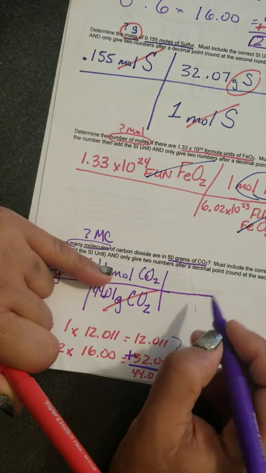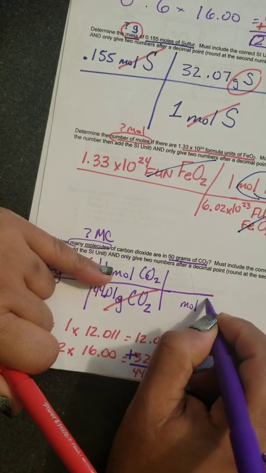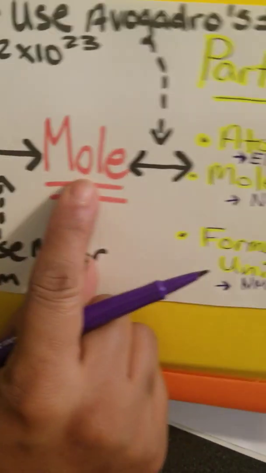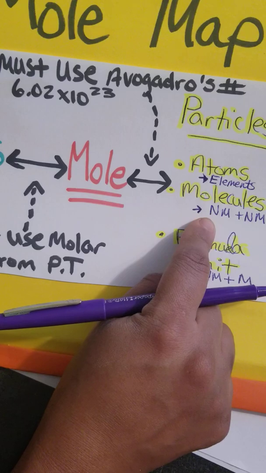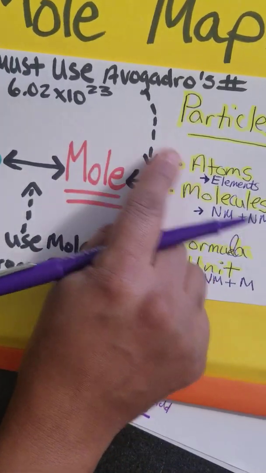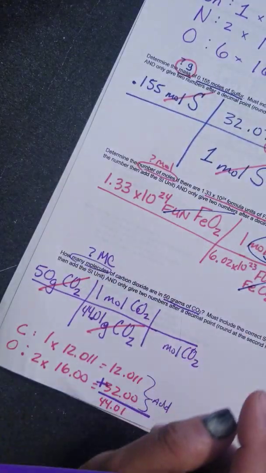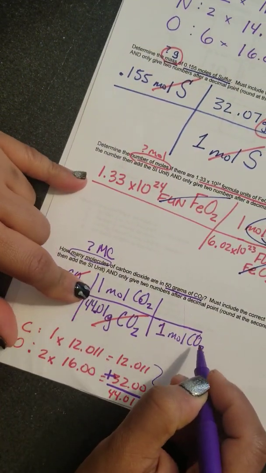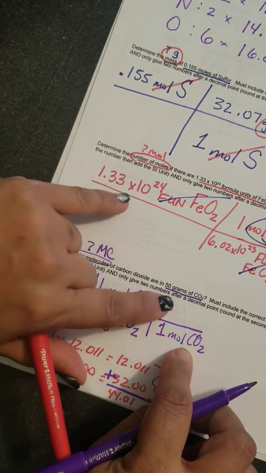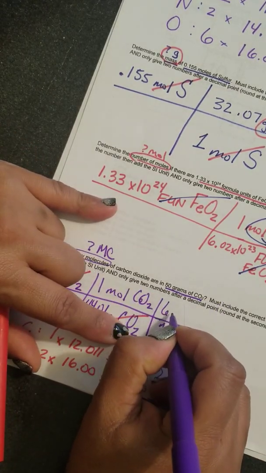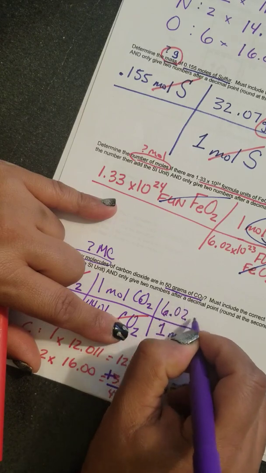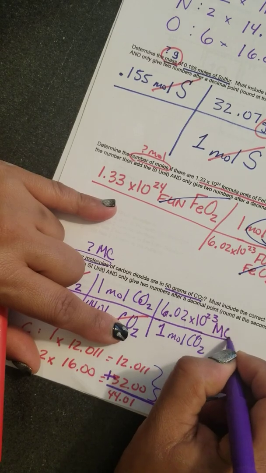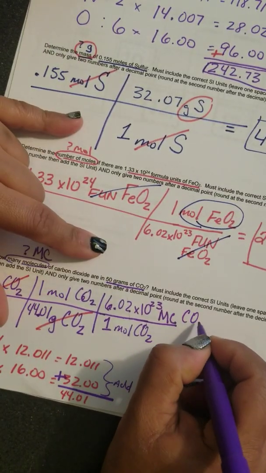If I have moles over here, I have to have moles of CO2 down here. I'm at the moles level, mole step, and I'm going to go to molecules. So for me to do that, I must utilize Avogadro's number. Well, I already know that moles has to go down here. So 1 mole of CO2 is equal, right, because this is equal to what's on the top, Avogadro's number, which is 6.02 times 10 to the 23rd molecules of CO2.